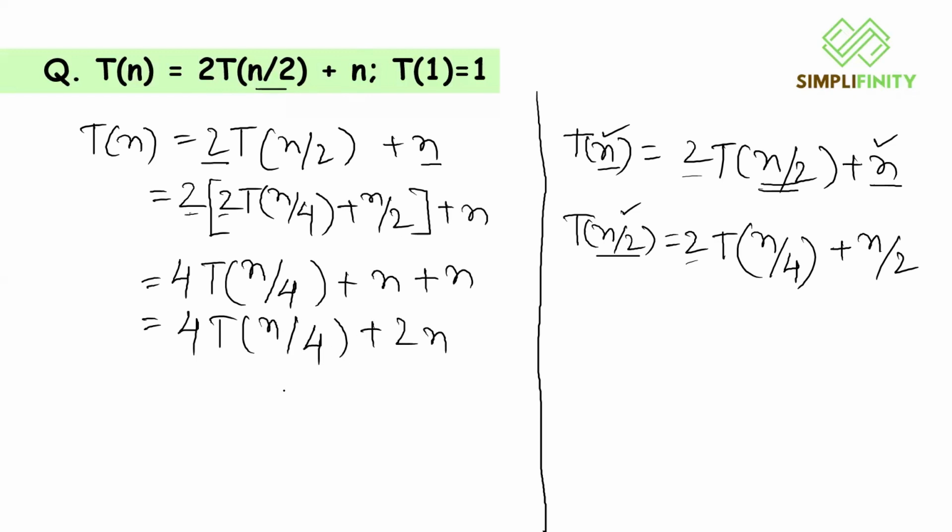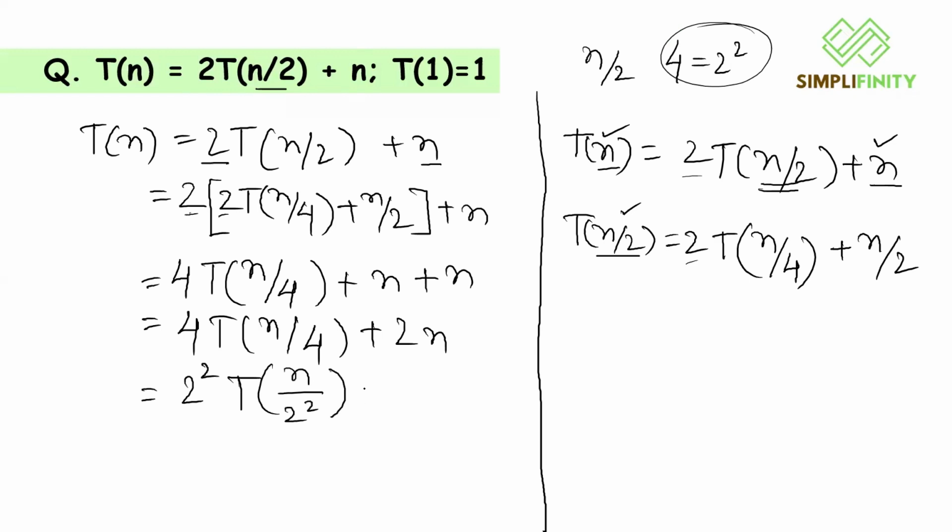Okay, now let me do one thing. Let's simplify this from the beginning. As we have it as n by 2, let's have all the terms in terms of 2. So can we write 4 as 2 to the power 2? Of course. So 2 to the power 2, T of n by 2 to the power 2, plus 2n.